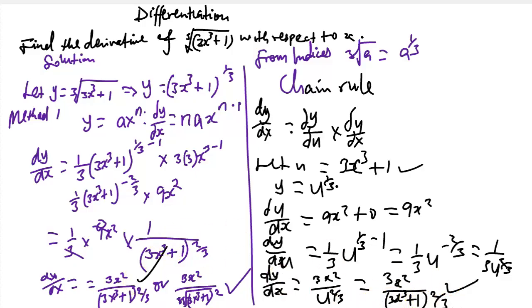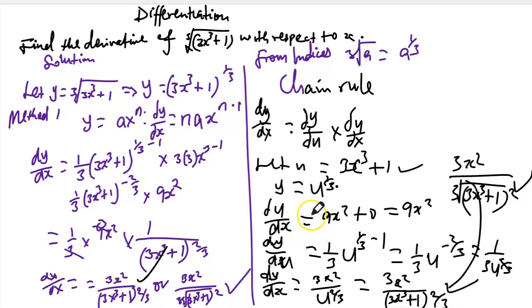And this can as well be written as 3x squared all over the cube root of (3x cubed plus 1) squared. So this is equivalent to this, and this is how you can solve differentiation.